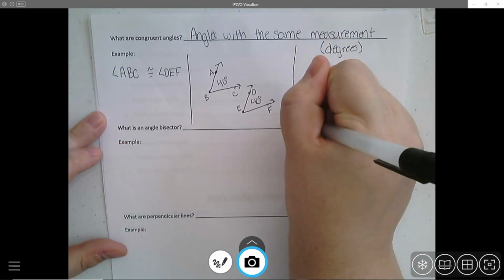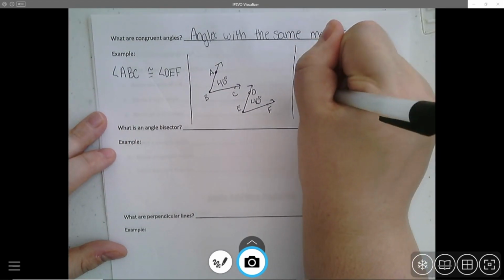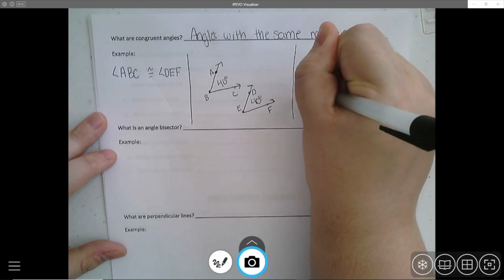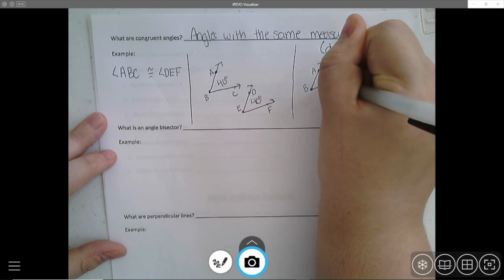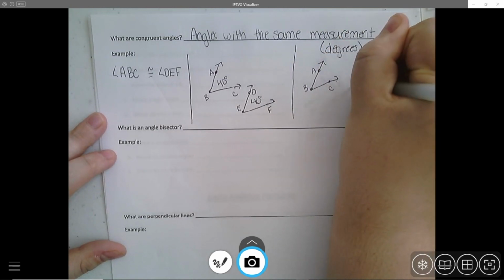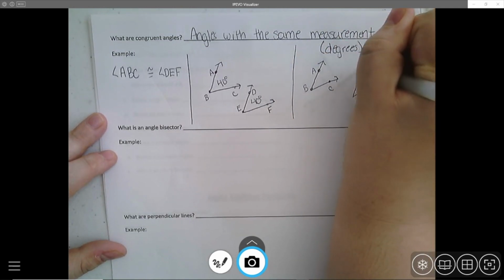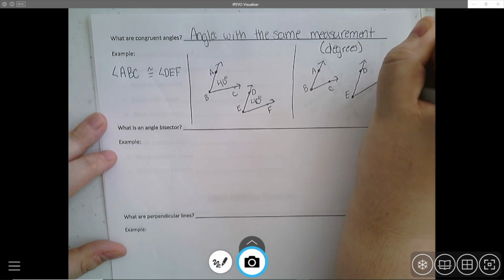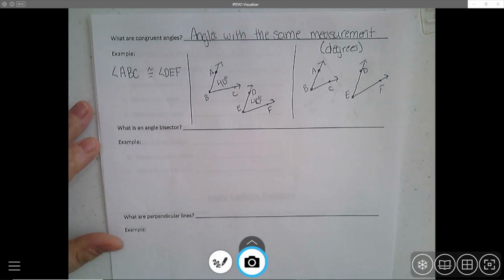The last way you will see congruent angles marked is with arc markings. Remember when we were talking about segments?